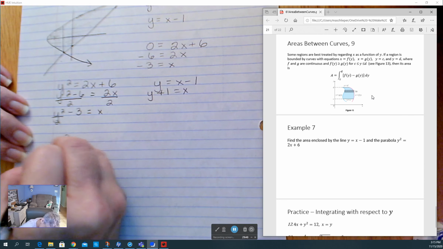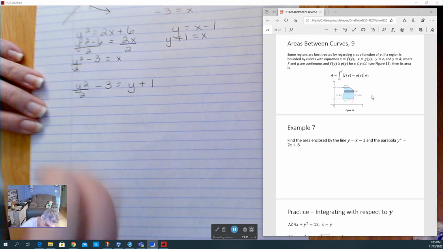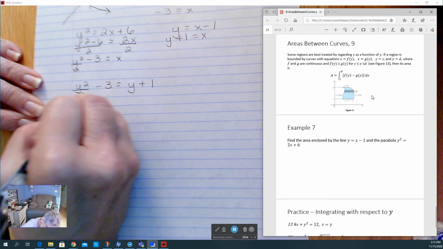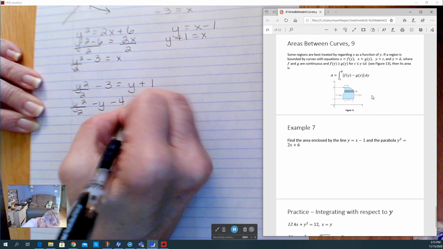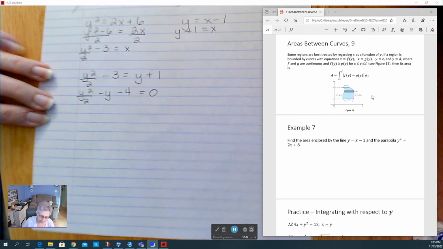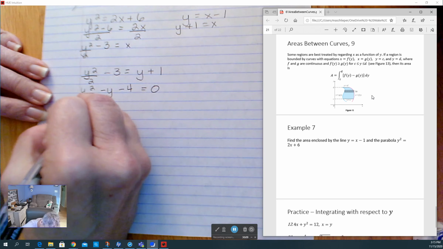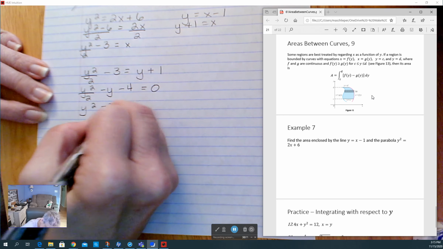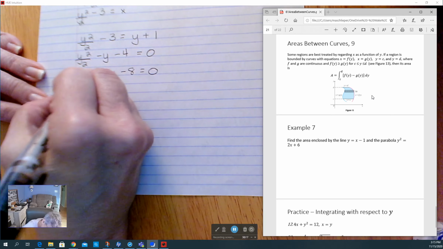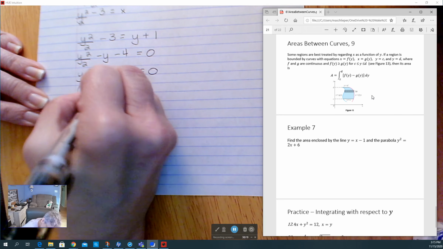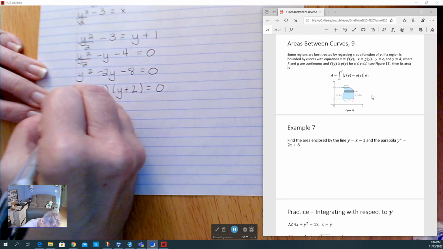Y squared over 2 minus 3 equals y plus 1. Y squared over 2 minus y minus 4 is equal to 0. I don't like that fraction. I'm going to multiply everything by 2. So y squared minus 2y minus 8 is equal to 0. So y minus 4 times y plus 2 is equal to 0.